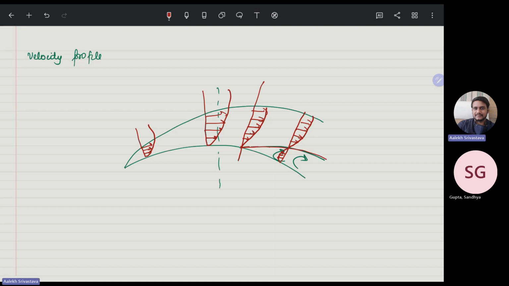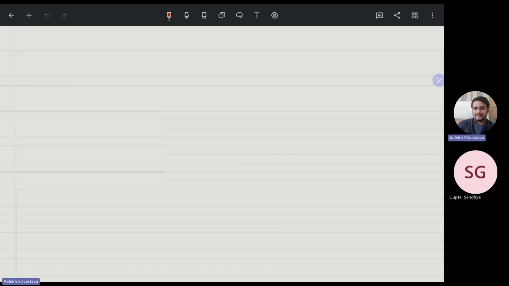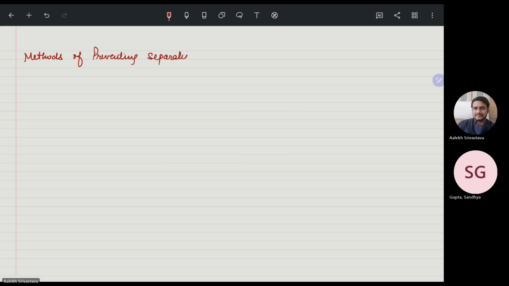Okay, now we will try to see the methods of preventing separation. So first thing is, suppose last time we discussed that you have some aerofoil shape and the flow is happening in this direction. It seems that here the separation will take place.